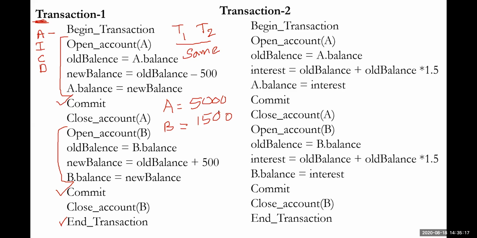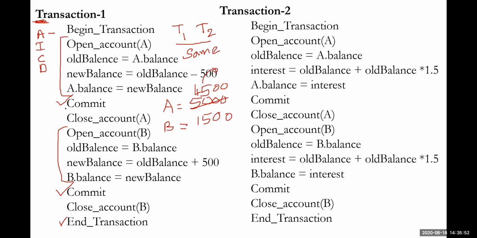These are the previous balances, taken into old balance, and some amount is deducted and written back. Whatever updation you made here will take place, and this 5,000 will be updated to 4,500 here. This updation will be sent to commit, in the sense sent to the server, for permanent storage.